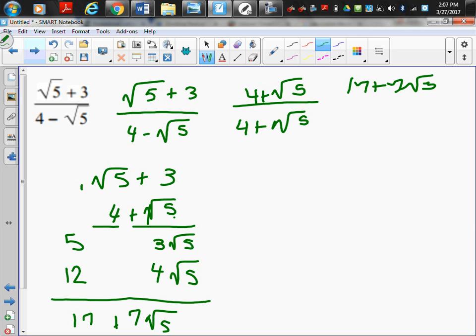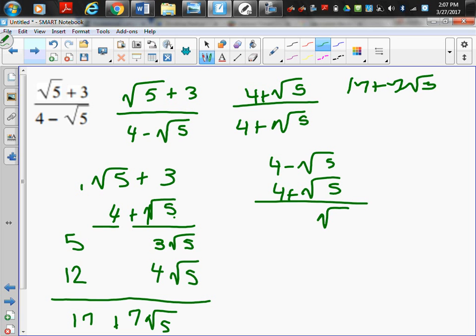Now, you take the denominator. 4 minus square root of 5. 4 plus square root of 5. Alright. 5 times 5. 25.